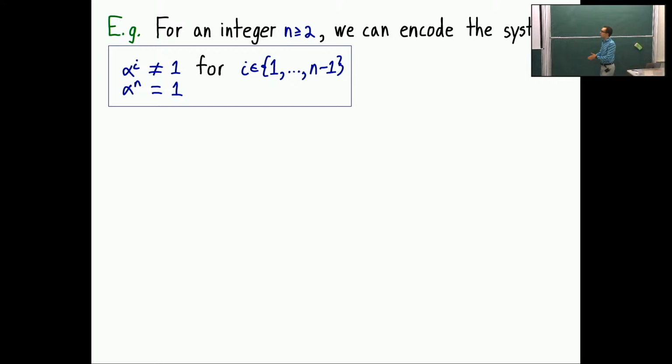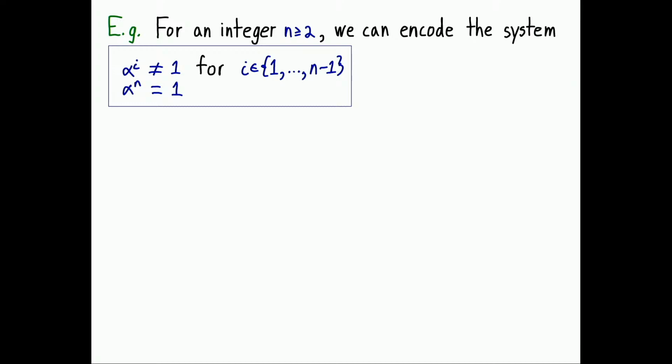So, for example, for an integer n, if you consider a system which says that the order of alpha is n. No power of alpha less than n is equal to 1, but alpha to the n is 1.